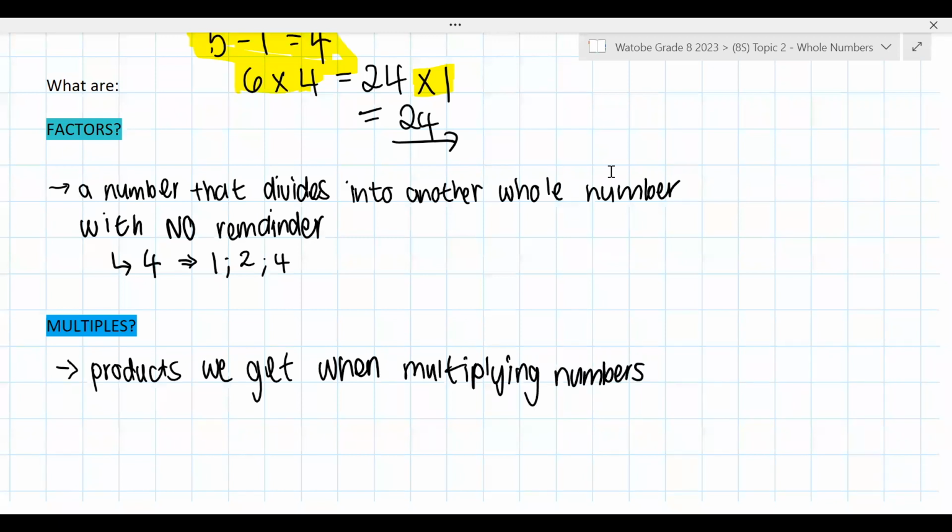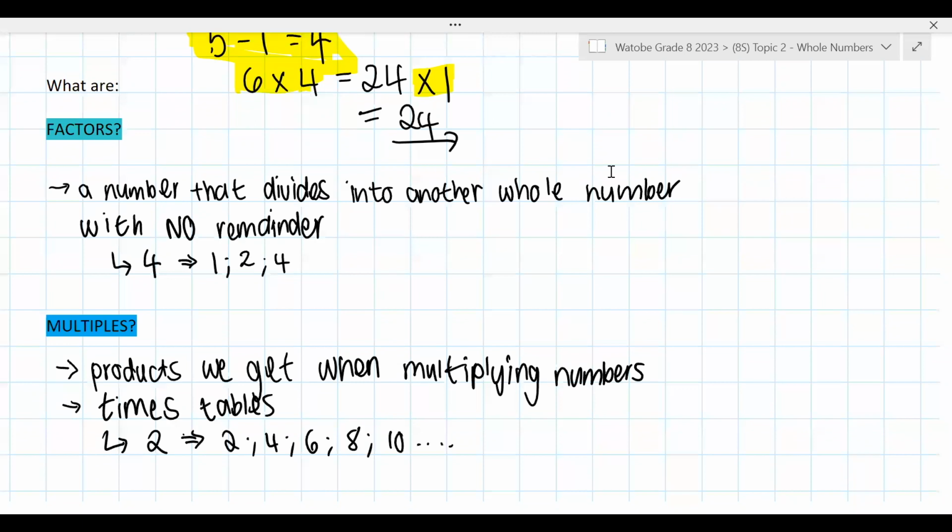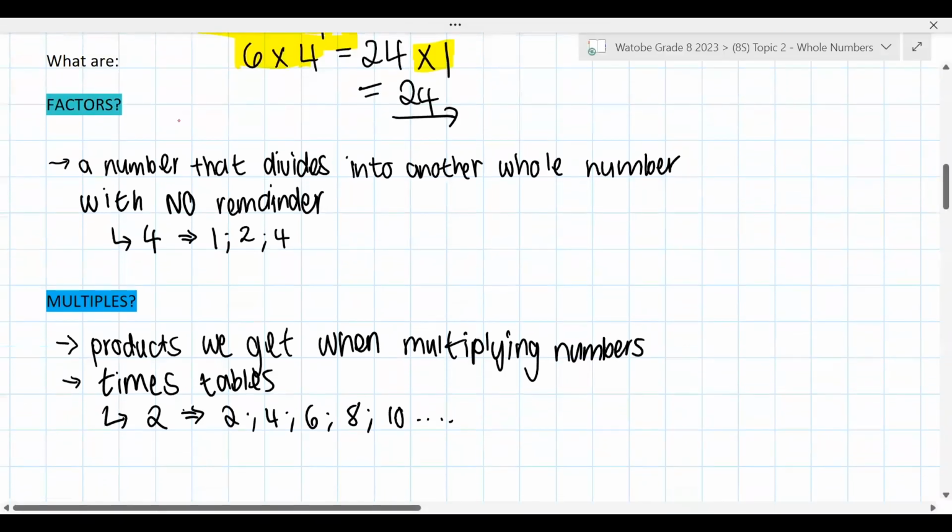Sometimes an easy way to remember multiples is thinking about your times tables. Your times tables are all multiples. So, for example, the multiples of 2 are 2, 4, 6, 8, 10, and I keep going. If we go back to Kakaleko's definition, all of these are answers we get when we multiply numbers.